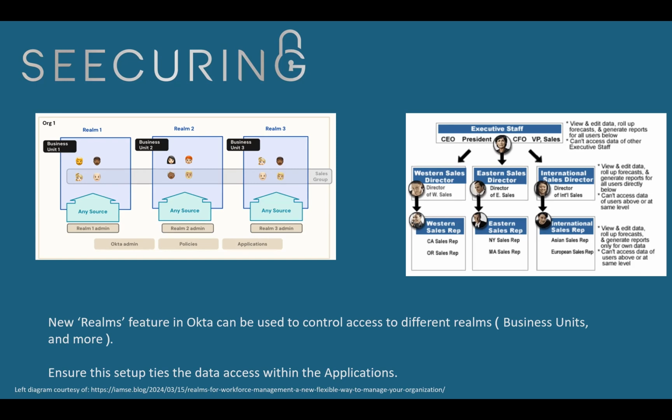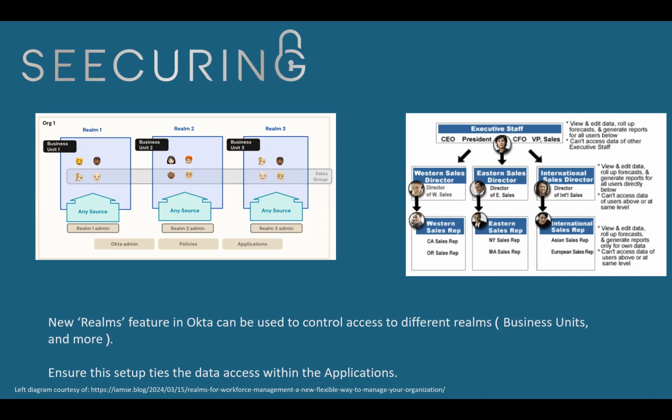In other words, in Okta now, if you have the feature, if you have the license, you can control not only access to groups, but access to realms. Okay, so you can see in the example there in those black boxes, we've got business unit 1, business unit 2, business unit 3. And within those realms, you can put, as it says there in that middle box, the sales group.